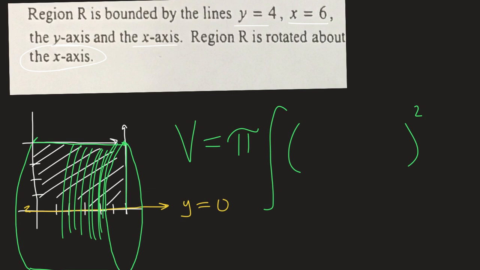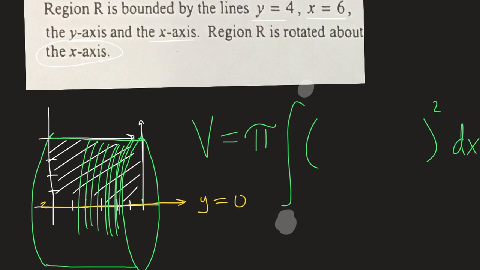Since it's an x-axis rotation, we need to have an x equation, and we need to have x limits of integration. If we're looking at the limits of integration, this is basically the height for your cylinder. So the limits of integration are from 0 to 6.